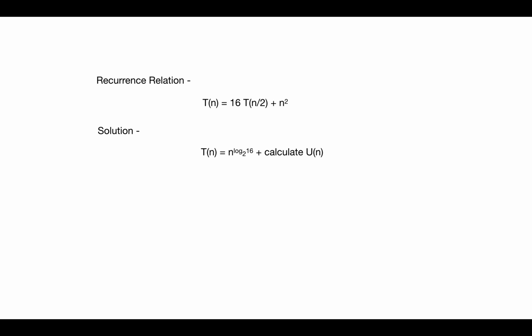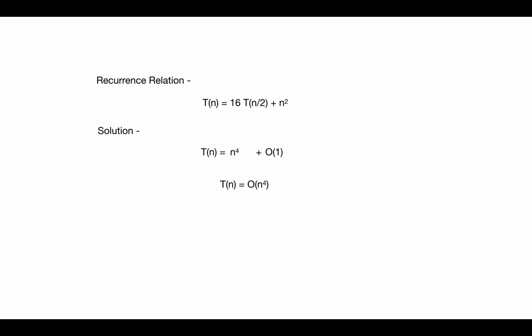So we put the value of u(n), which is O(1), and this is the final value. Let's solve this. n^(log_2 16) is n^4, so the final solution is O(n^4). This is how we can find the time complexity using Master's theorem.